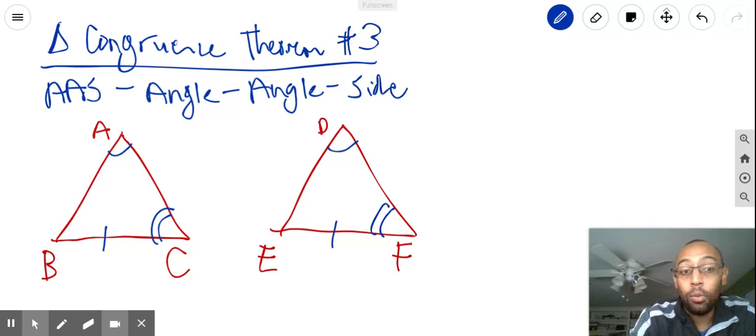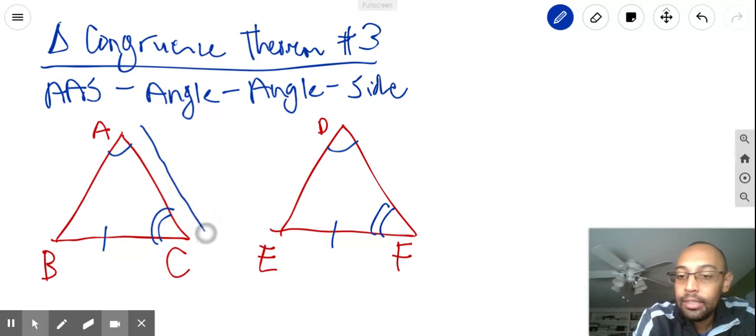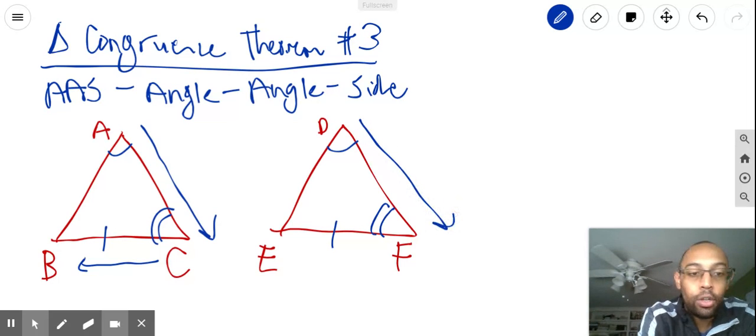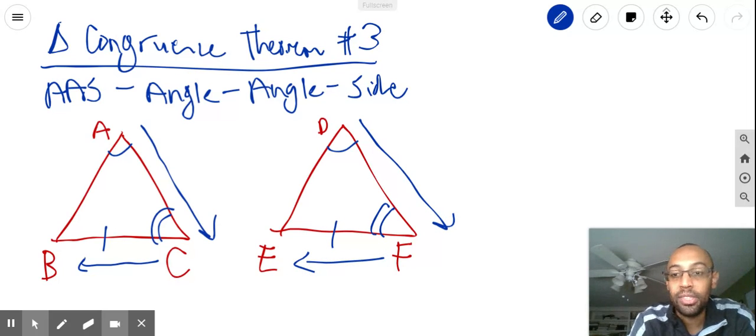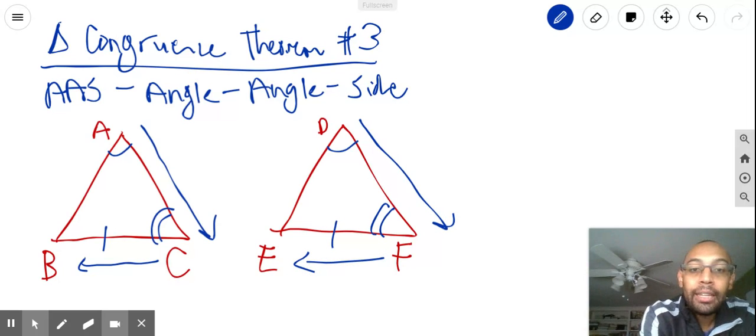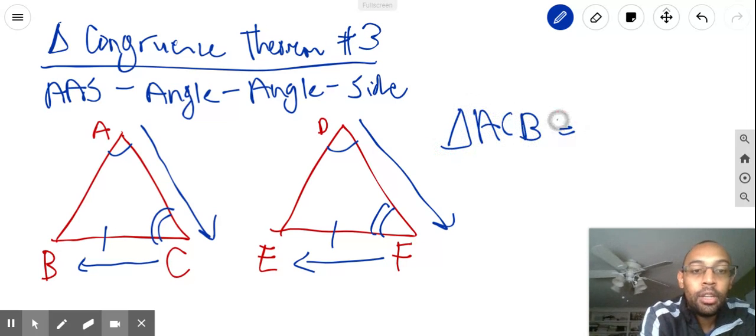So if I start with angle A, going in the order of A to C, and then C to B, if I follow that pattern, I have angle congruent to angle, I have another angle congruent to an angle, and then I finish with a side congruent to side. That is angle angle side. So I can state here that triangle ACB is congruent to triangle DFE by the angle angle side theorem.